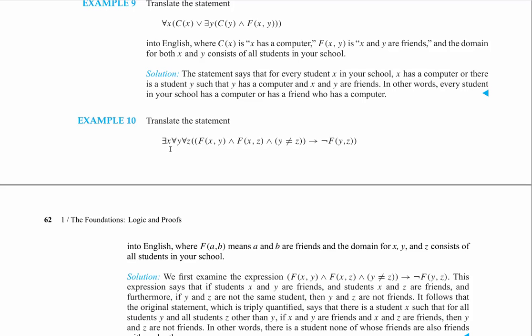So there exists a student x so that for all students y and z, x and y are friends, and x and z are friends, and y and z are not the same student, and that implies y and z are not friends.